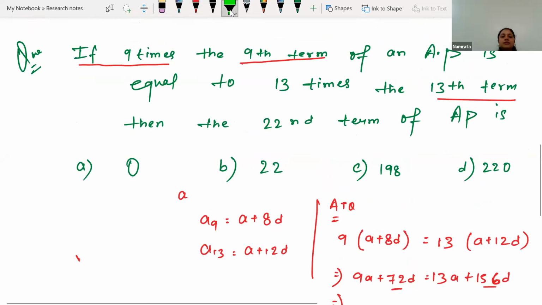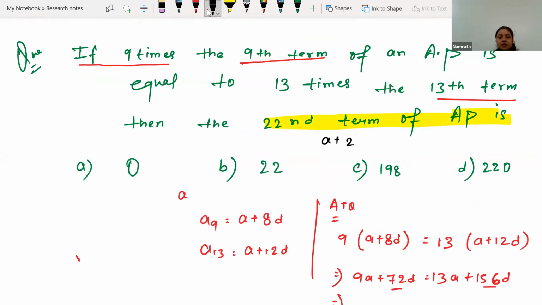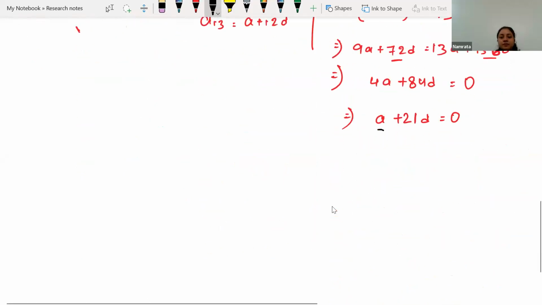Yes, ma'am. Now what exactly is asked in the question? Let's read it carefully. Then the 22nd term of the AP will be, what will be the 22nd term according to the formula? A plus 21D. Have we found a plus 21d? Yes, ma'am. What is the value of that? 0.